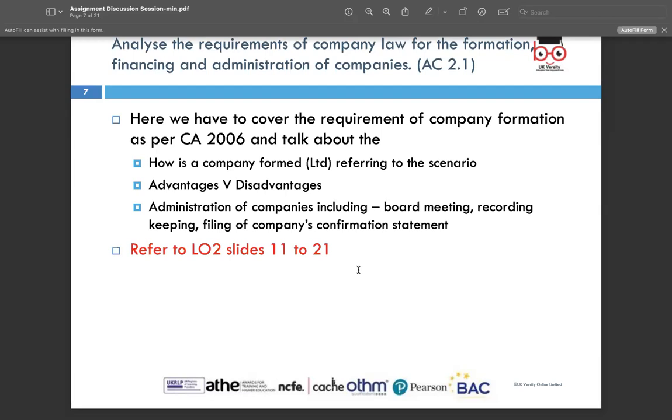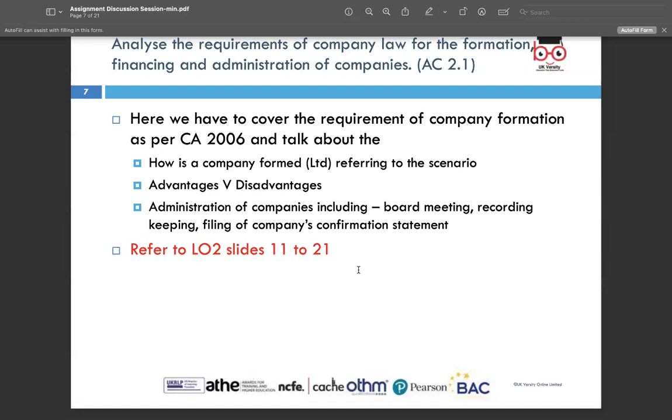In advantages, you can write about limited liability for shareholders, potential tax benefits, easier to raise capital, perpetual succession. Disadvantages are more regulatory requirements, public disclosure of financial information, and higher administrative cost.